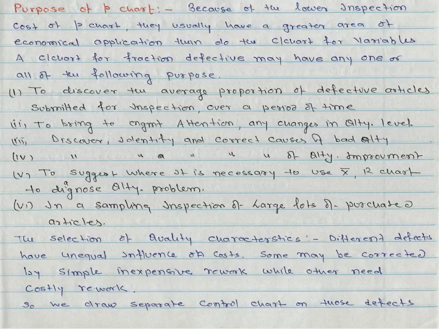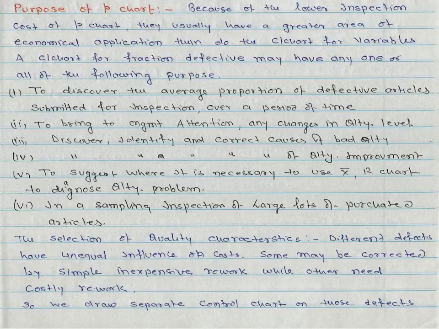The main purpose of the P and NP chart is to discover the average proportion of defective articles submitted for inspection over a period of time. That means we take a number of samples and draw a P chart, then we can discover the average proportion of defective articles.